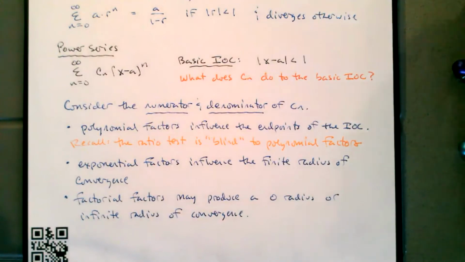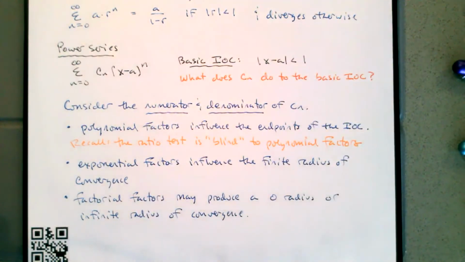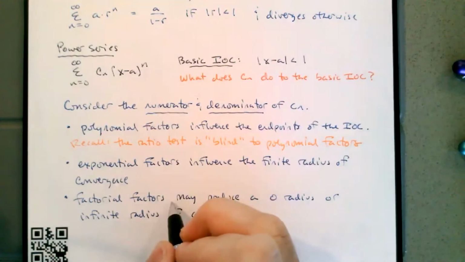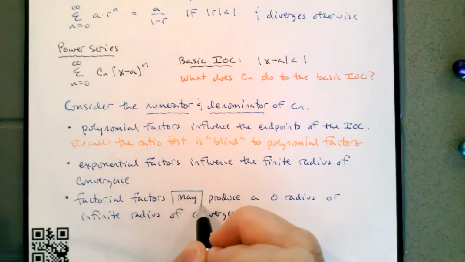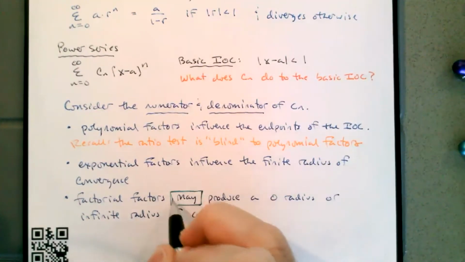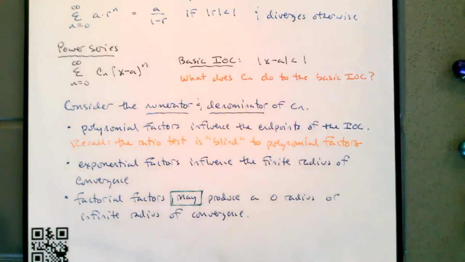Not necessarily: if there are other factorial factors to balance out some factorial factors in the numerator and the denominator, then we might not get a 0 or an infinite radius. So it still might be that there is a non-zero finite radius of convergence.